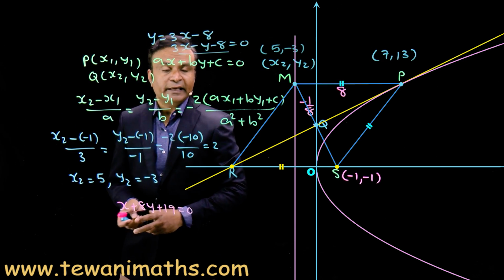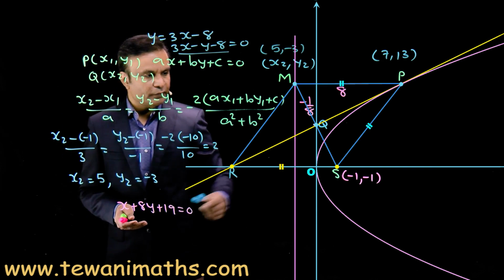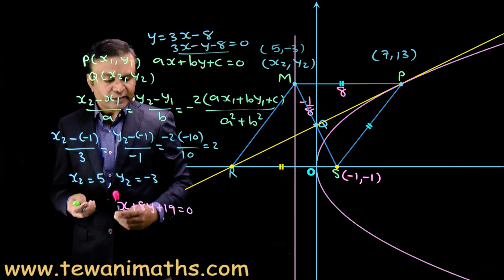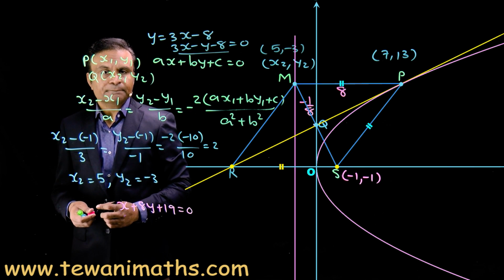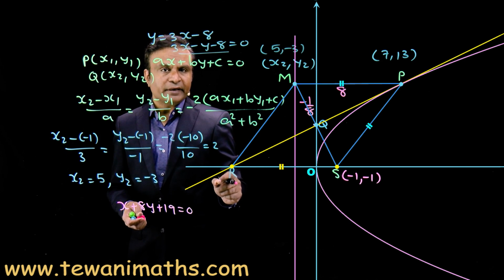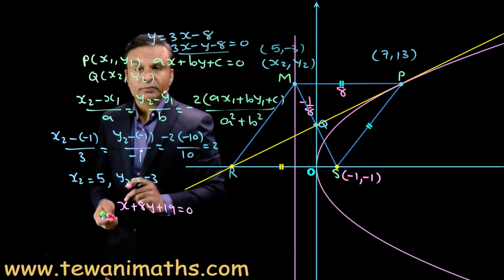Now how do we get the length of the latus rectum? We have a focus and directrix. Using this we can get the length of the latus rectum. The formula is: length of latus rectum is equal to 2 multiplied by the distance of the focus from the directrix.